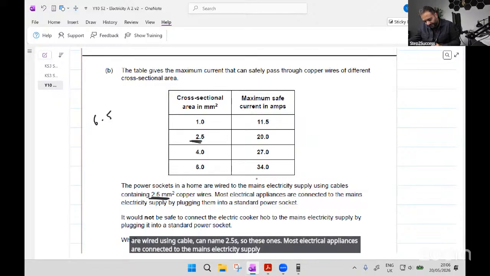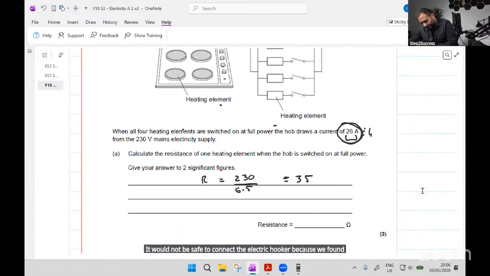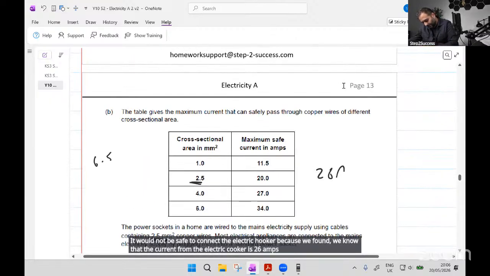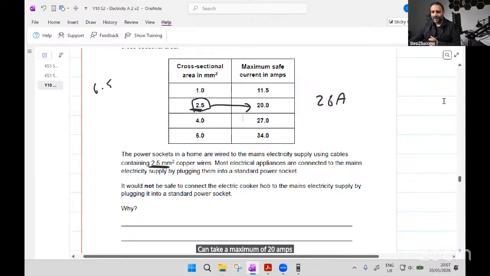It would not be safe to connect the electric cooker, because we know that the current from the electric cooker is 26 amps. Now, the wires that we've got can take a maximum of 20 amps, and that's basically the answer, isn't it?